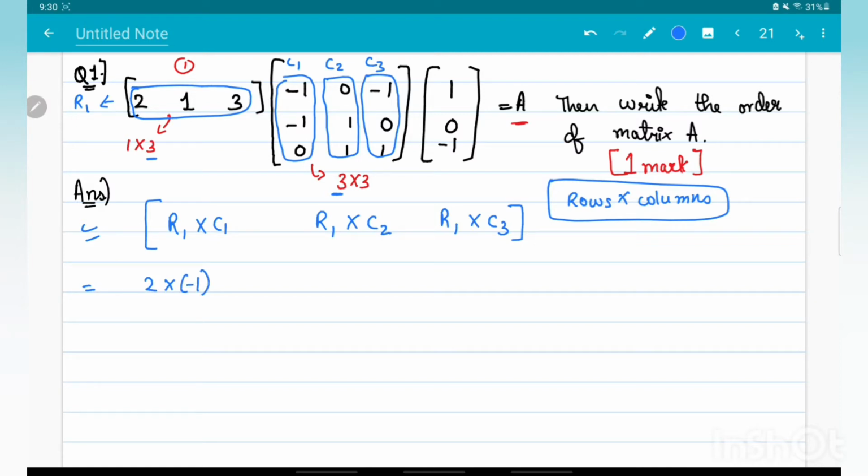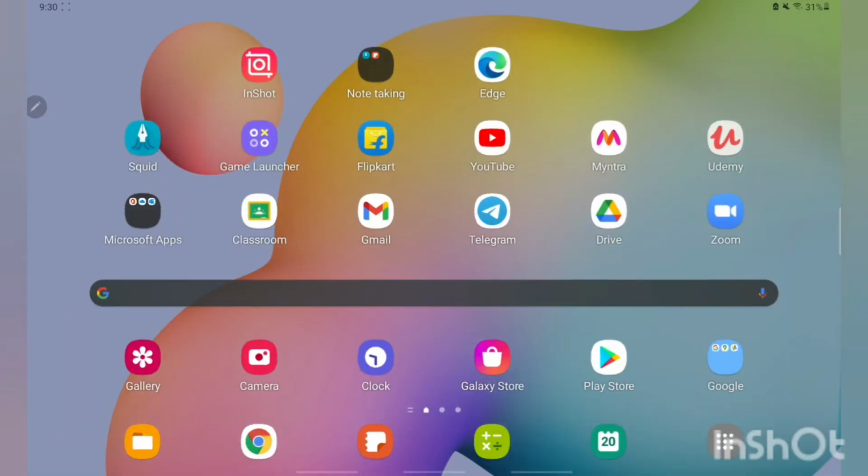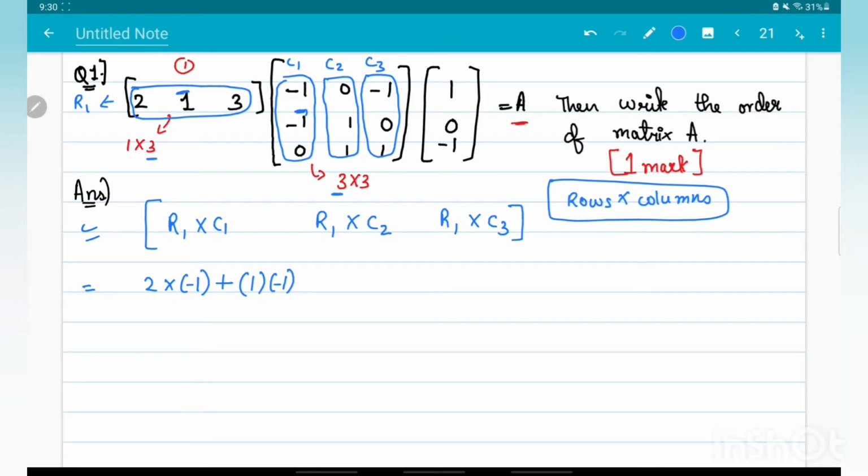Then we'll add a plus symbol. Then this 1, which is the second element, will be multiplied with this second element, that is -1. So 1 will be multiplied with -1. Then this third element 3 will be multiplied with this third element 0. So plus 3 into 0. So this becomes our first element.